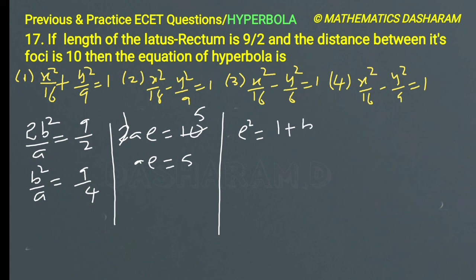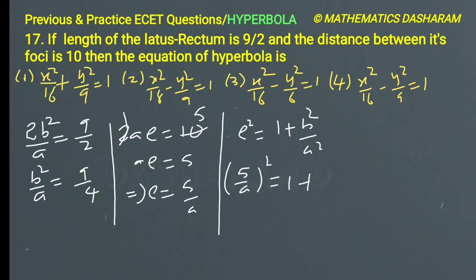So e square equals 1 plus b square divided by a square. From this e value is 5 by a. So 5 by a whole square equals to 1 plus b square value. So here from this b square value is 9a divided by 4.